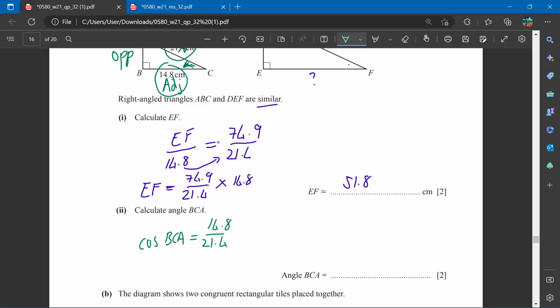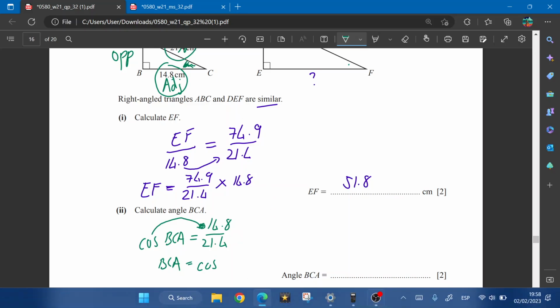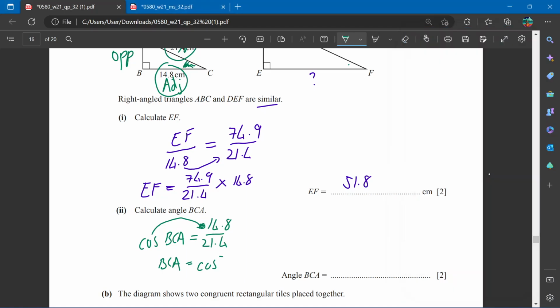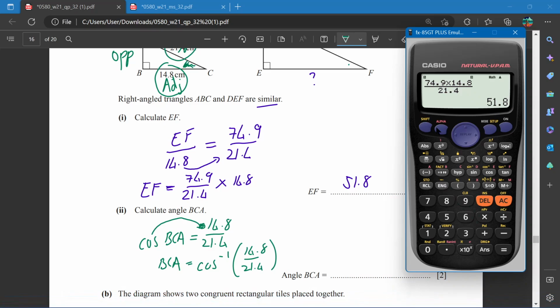Okay, now we need to get the angle. To get the angle, we're just rearranging. For this we need to move the cos to the other side. The opposite of plus is minus. The opposite of times is divide. What's the opposite of cos? Well, you get your calculator. Opposite of cos is cos minus 1, right above cos. Put it in your calculator: shift, cos, fraction.